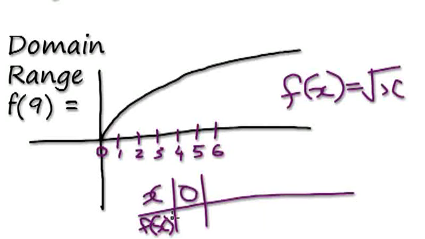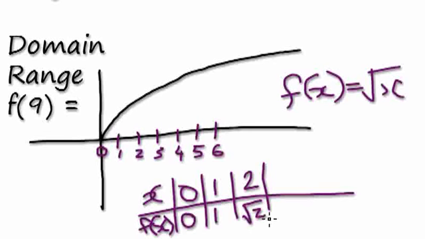Now when x is 0, you would square root 0, giving you 0. When x is 1, you would square root the 1, which would give you 1. When x is 2, you would jump to your calculator, square root of 2, whatever this number is. I'm just going to leave it as root 2. And when x is 3 and so on, you would root 3.